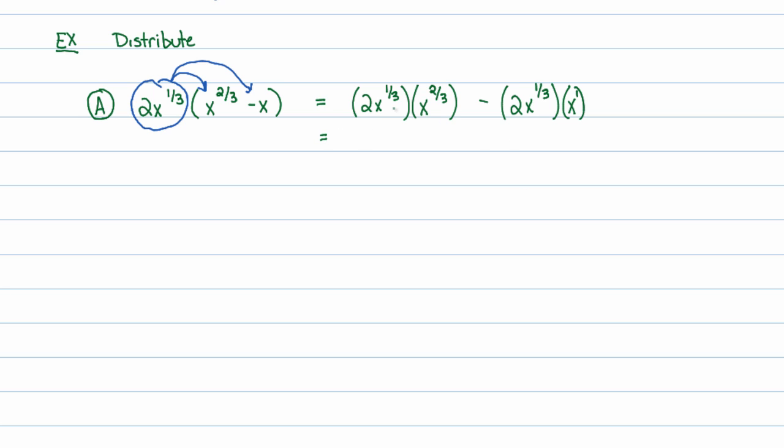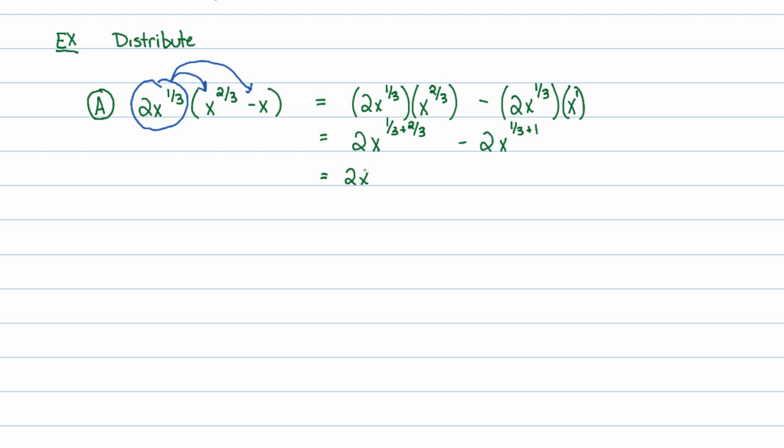All right, this first product will have 2, and we're just going to use the law of exponents here to add these exponents. That'll be 1/3 plus 2/3. The second product will be 2 times, again, since these two bases are the same, I'm just going to add their exponents, 1/3 plus 1. You should be an expert at adding fractions at this point.